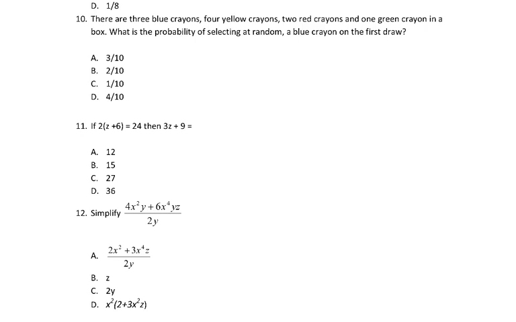We have 3 plus 4 plus 2 plus 1. So 10 crayons. How many blue do we have? Blue will be 3. That's how your answer will be 3/10. The A will be your answer.